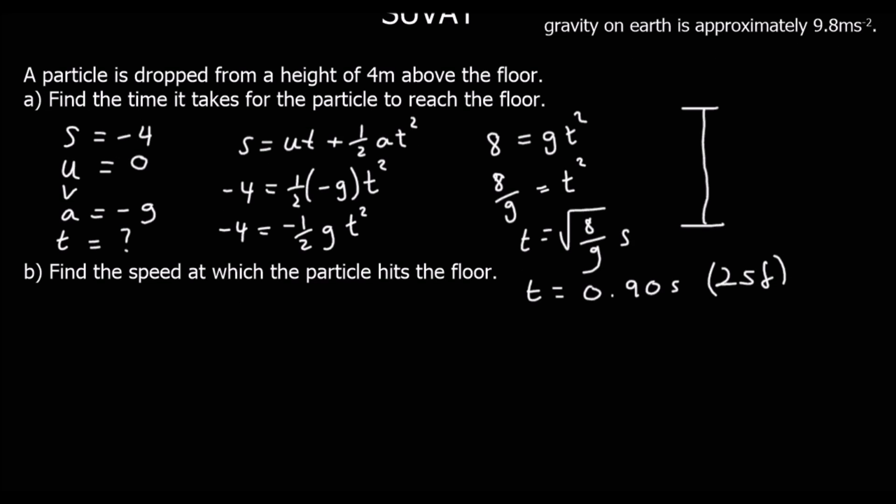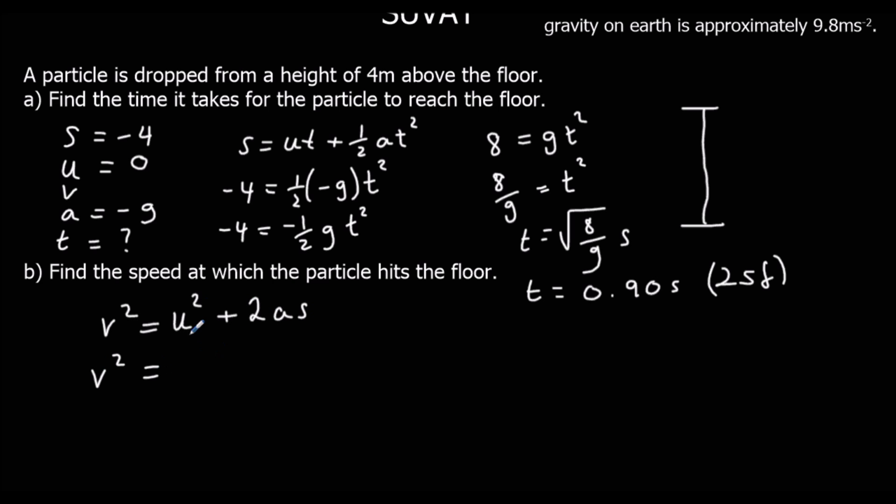Find the speed at which the particle hits the floor. So find v now. All the rest of the information is the same. If we hadn't worked out t, we would use the equation without t in it, which is v squared equals u squared plus 2as.